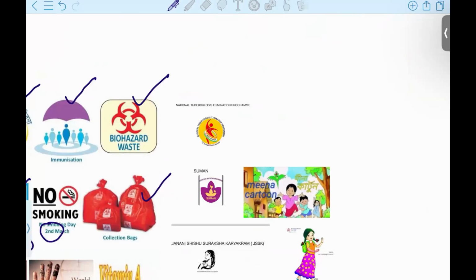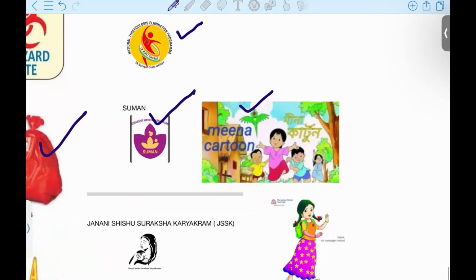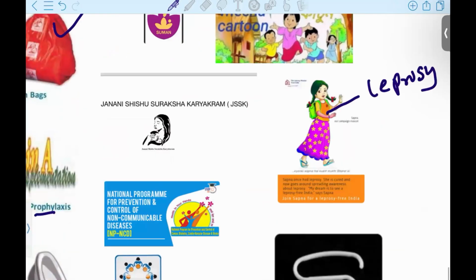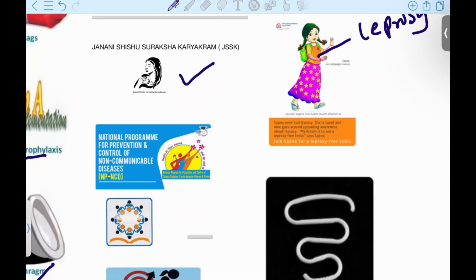This is the logo for Suman, for pregnant women. And this is the logo for the National Tuberculosis Elimination Program. Here you can see this is the MEENA for child development, and this is the SAPNA for leprosy. Okay, this is Janani Suraksha Yojana for the deliveries of babies. Next, National Program for Non-Communicable Diseases.